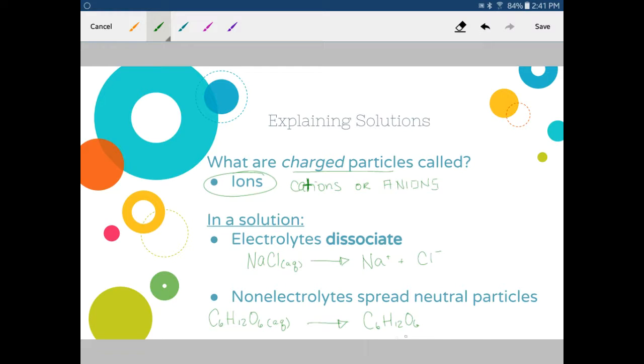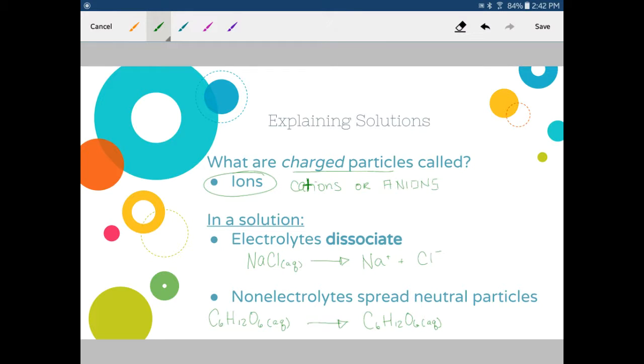This whole sugar molecule, because it's neutral, it's a non-electrolyte, will just spread individual molecules around. So this will not break up or dissociate in any manner. The smallest form that it will break into is an individual glucose molecule.